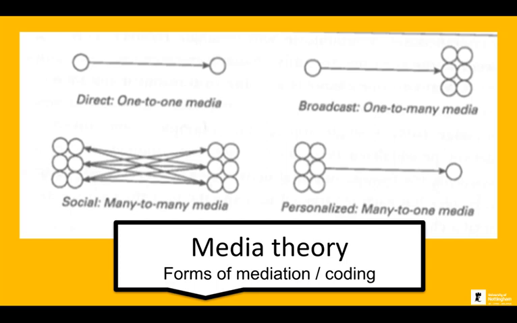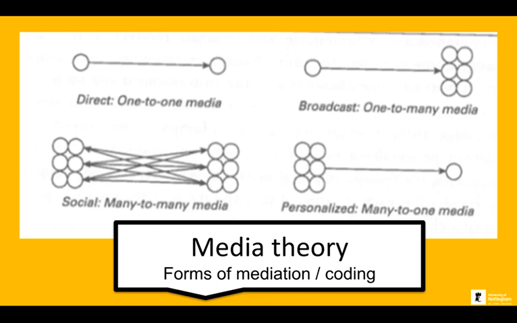Broadly speaking, there are four types of mediation discussed in media theory. There is a one-to-one relationship, so there's media which opens up a relationship between two people. Talking is a good example of that. You come to my office for a meeting, we talk, we can have a one-to-one communication.